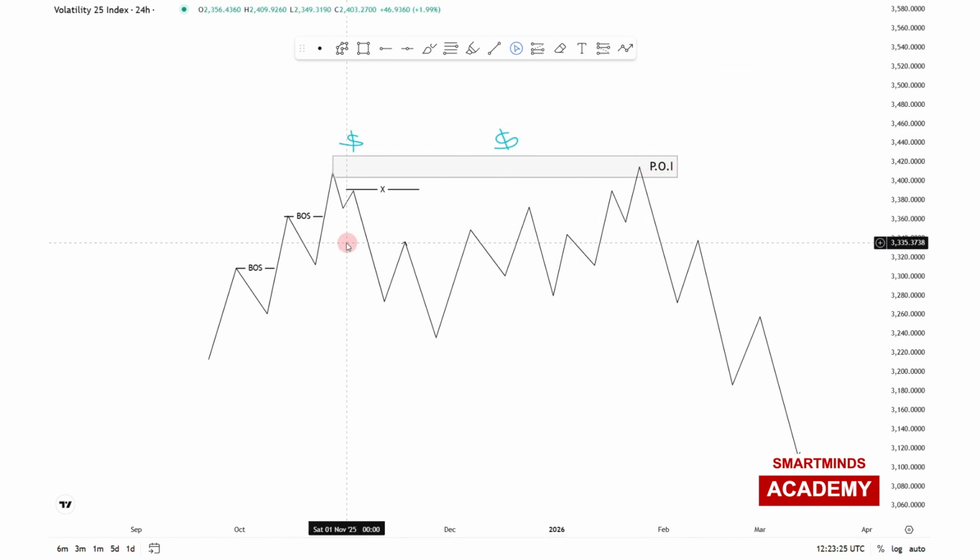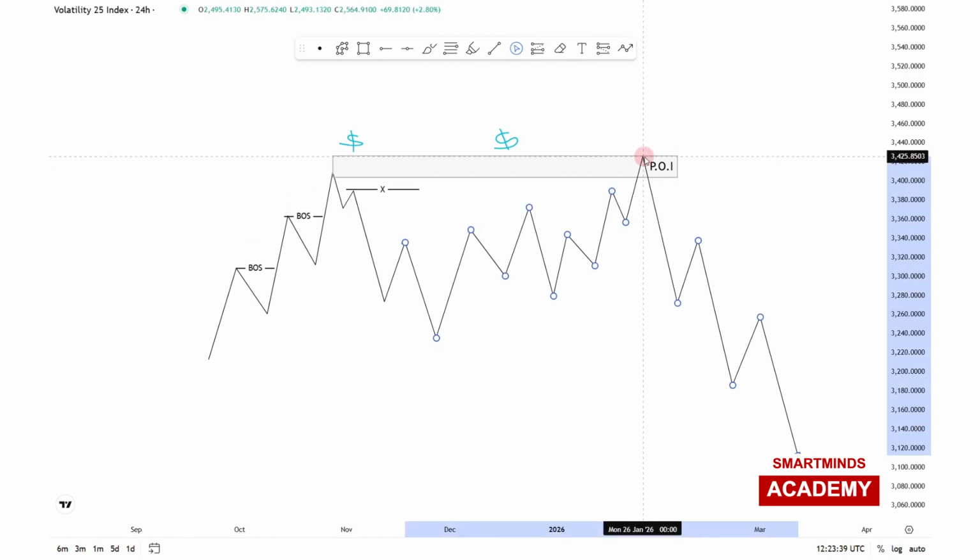Now in this case, ignoring the fact that we have some issues around the liquidity grab, you need to know that after the price either takes out liquidity above the order block, or it doesn't, but it just gives you a sweet tap and go entry like that.